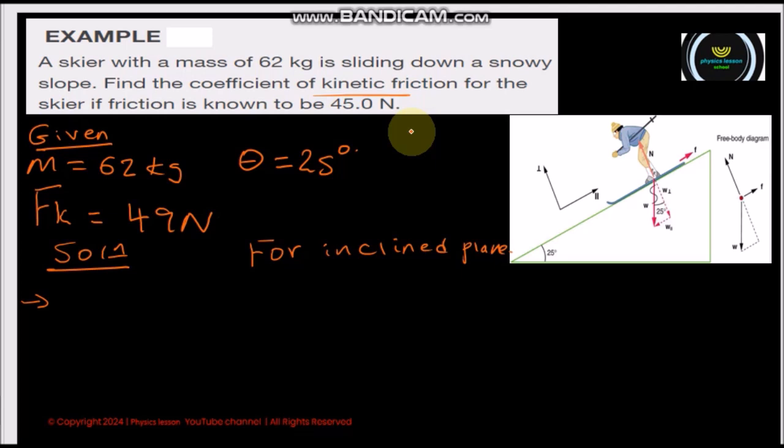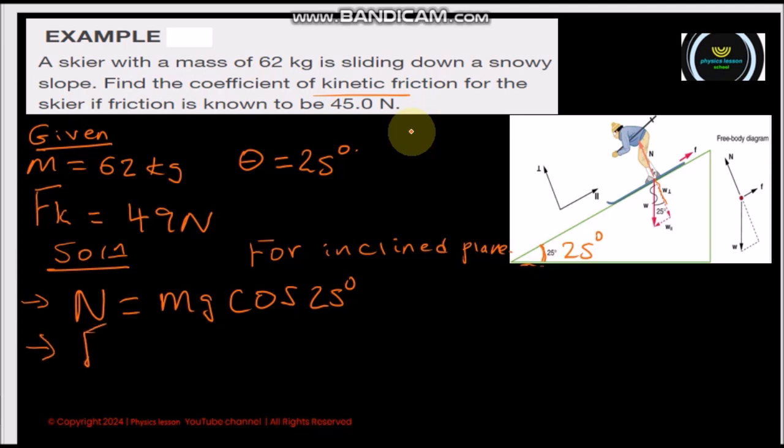For the inclined plane, the normal force is equal to N equals W cos θ equals mg cos 25 degrees, because the angle theta is equal to 25 degrees. The kinetic friction is given by Fk equals μk times normal force equals μk mg cos 25.